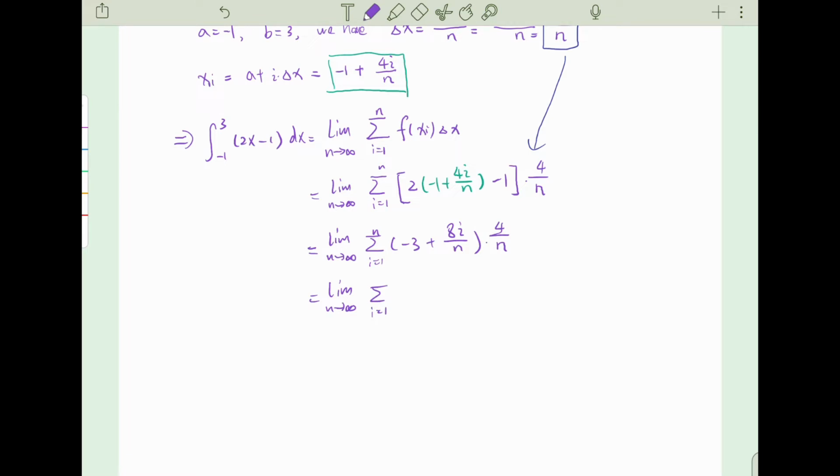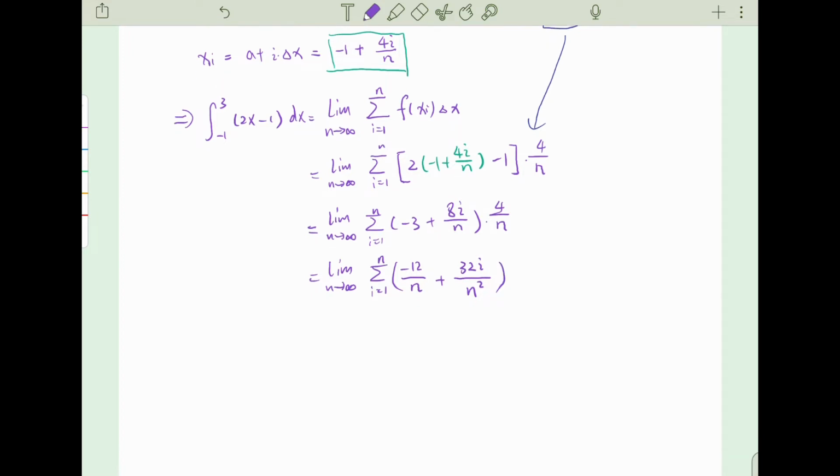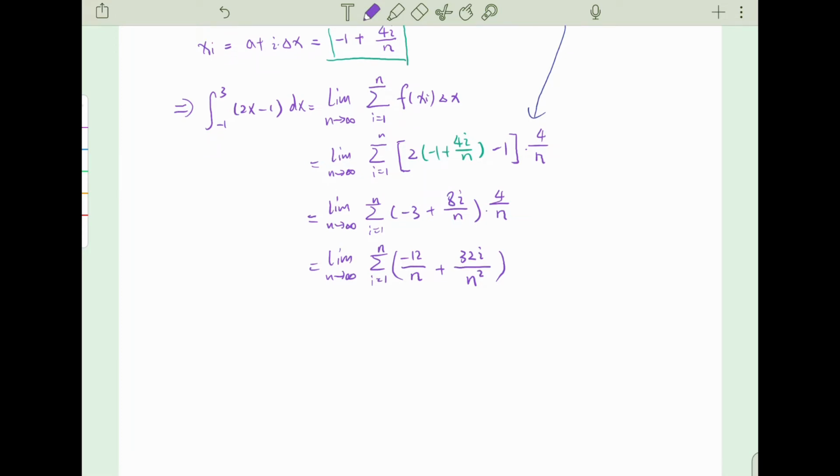So continue, I have this negative 12 over n here, right, plus this 32i divided by n squared. Okay, and I can factor out the n because the summation has nothing to do with the n here, so factor them out.